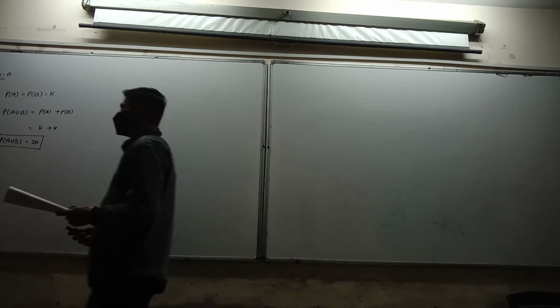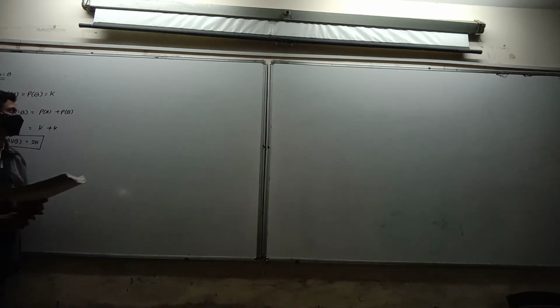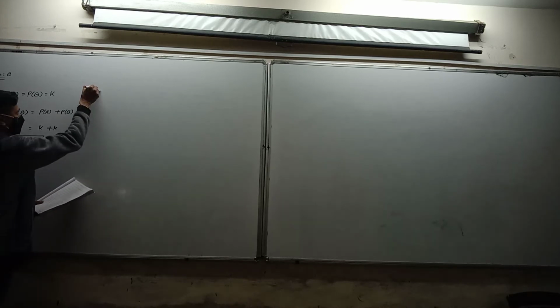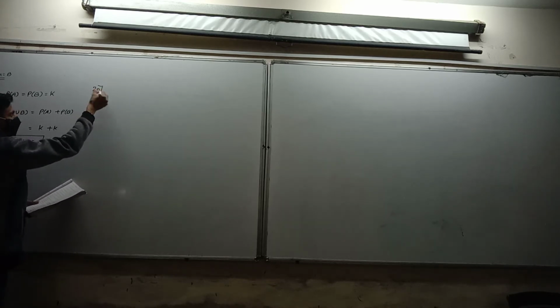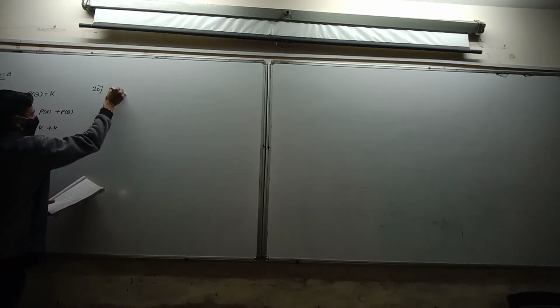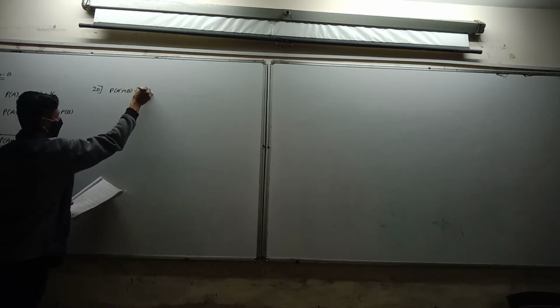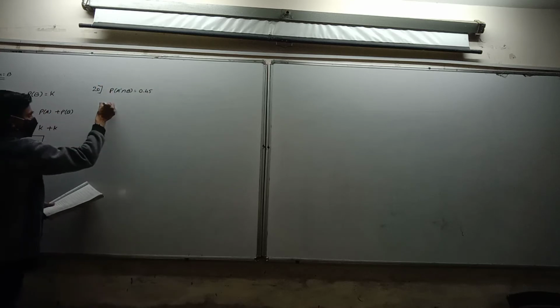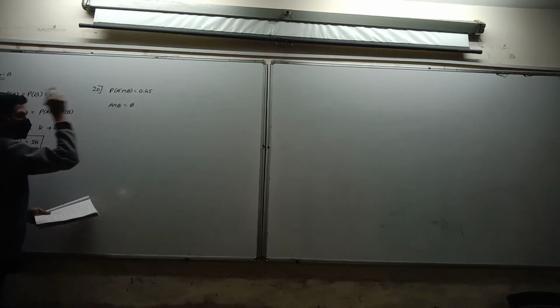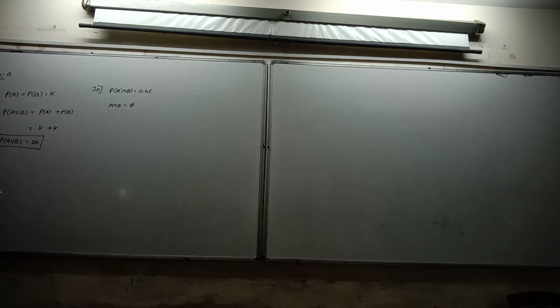Find the P of B. So write down P of A dash intersection B is given 0.45. A intersection B is equal to phi. It means probability is 0.